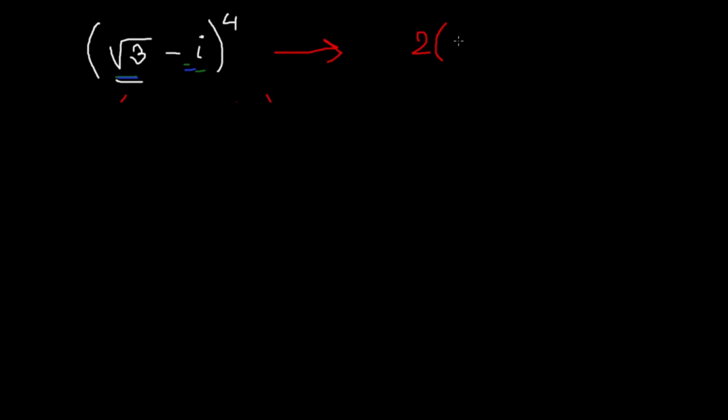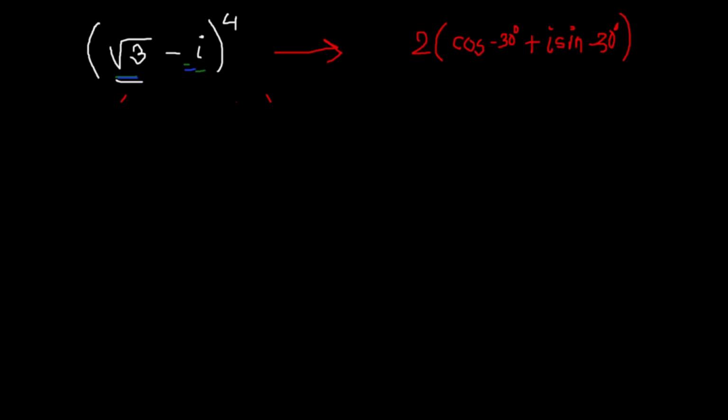So now it's 2 times cosine of negative 30 degrees. If you wrote it in radians, that's also okay. Radians also work. Plus I sine of negative 30 degrees. So now we have our polar form.